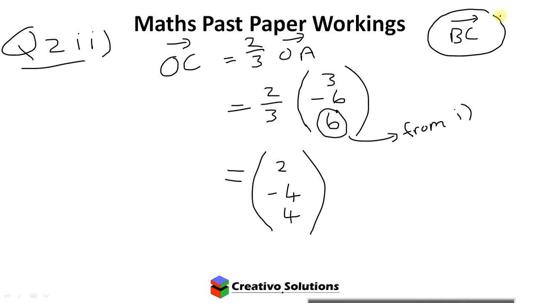When it's like this, it's plus, because the vectors go in the same direction. So we need to go with C minus B. They used C minus B, same thing. Then they have to show the answer: OC minus OB, the two vectors subtract.